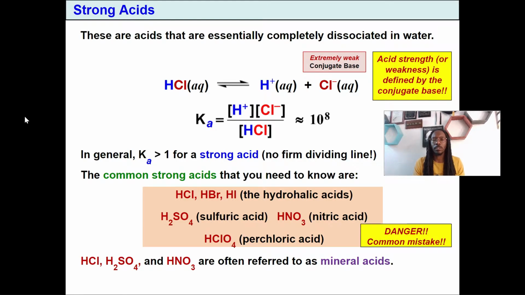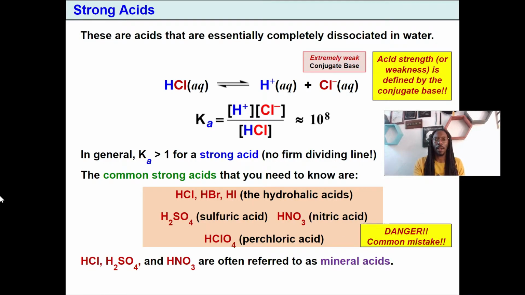Now, here's some common strong acids that are going to be helpful for you guys. Anything that has a hydrogen and a halogen, it's probably a strong acid. Hydrochloric acid, hydrobromic acid, anything of the sorts, probably going to be a strong acid. Sulfuric acid, another one, nitric acid, perchloric acid, all of these are common strong acids.